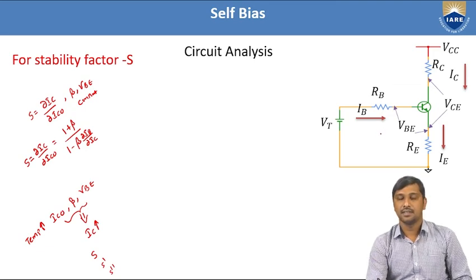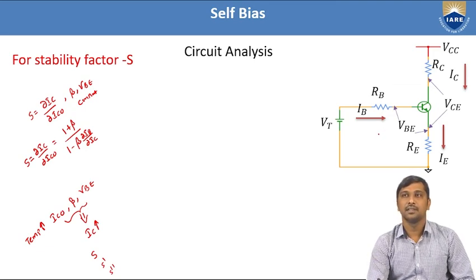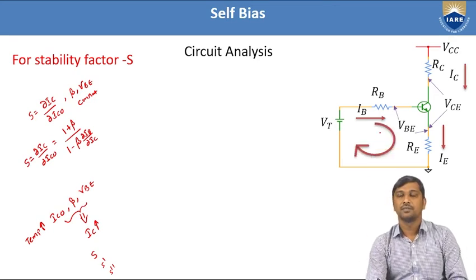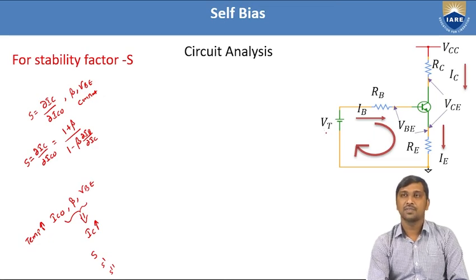First, we are going to observe how much base current is generated with respect to this biasing method. Again, I am going to apply the KVL principle at the input loop, and from this input loop we need to write the KVL equation. We need to start from VT.